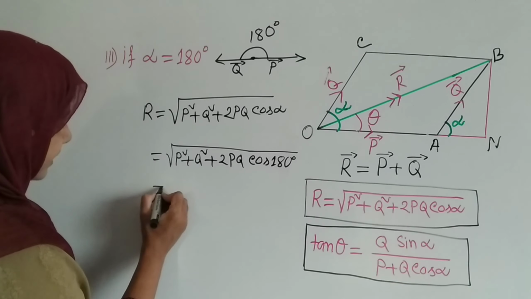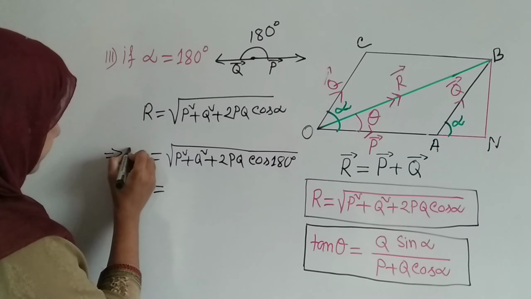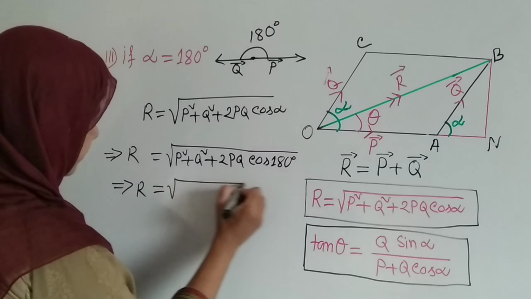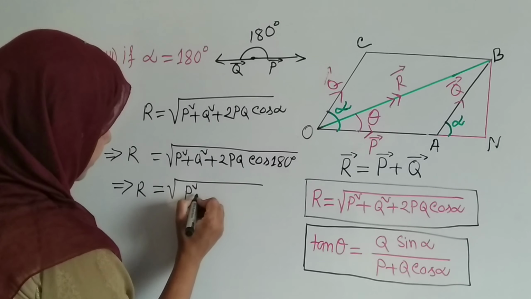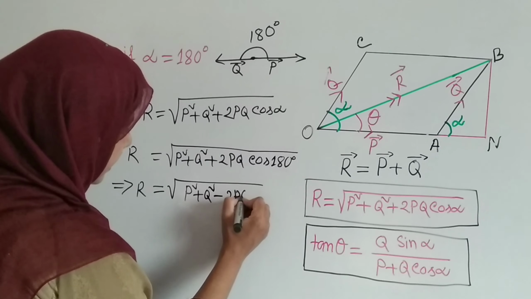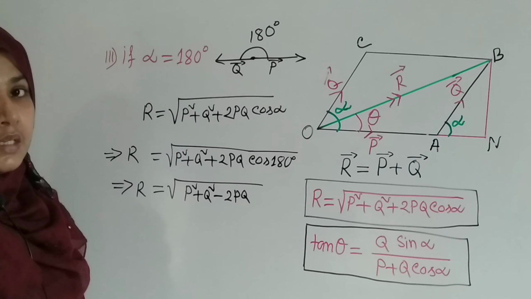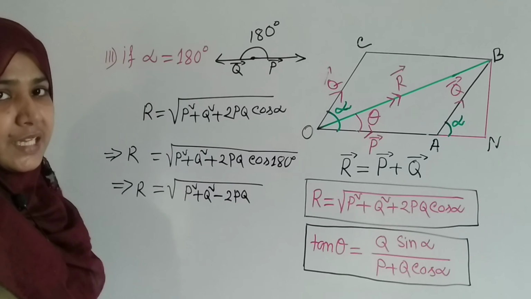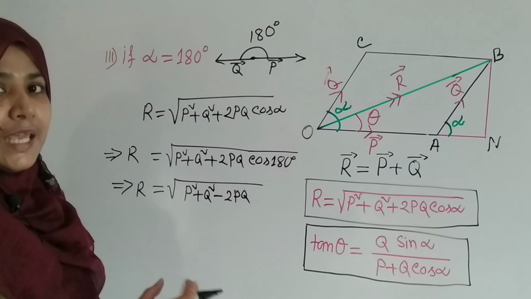So we can write that R equals root over P square plus Q square minus 2PQ. Here you can see that P square minus 2PQ plus Q square is the formula of (a minus b) whole square.